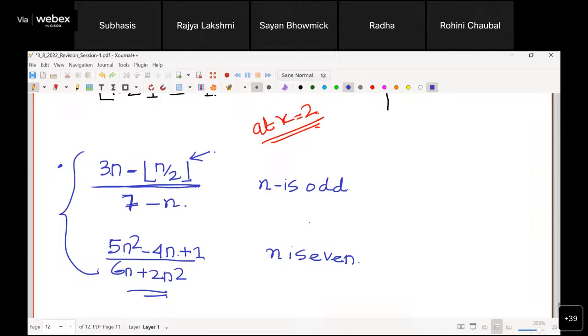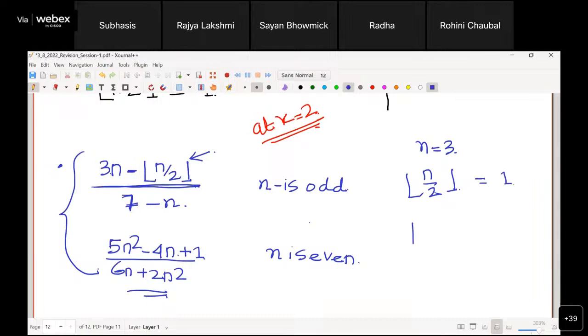So basically, someone already answered this question. See, let's say n is 3. What is the greatest integer of n by 2? It's 1, right?